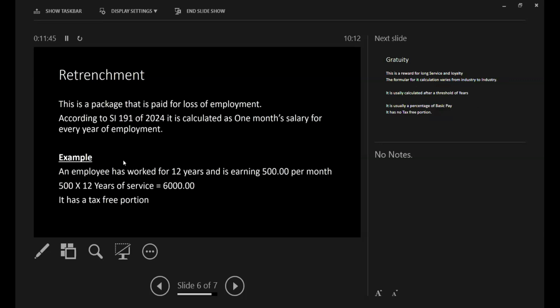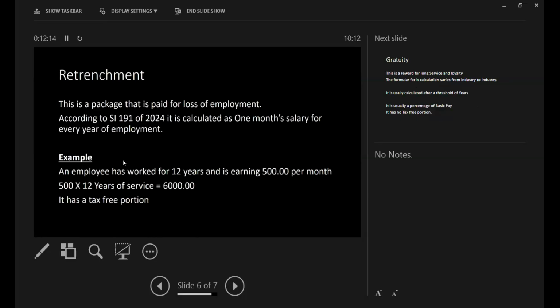Right, let's look at the next item, which is your retrenchment package. Now, your retrenchment package is a package that is paid for loss of employment. So it is a compensation for loss of employment that is given to an employee. Now, according to SI 191 of 2024, it is calculated as 1 month salary for every year of employment.